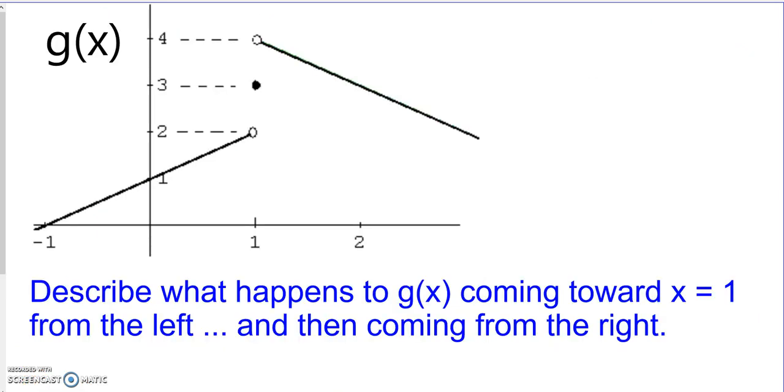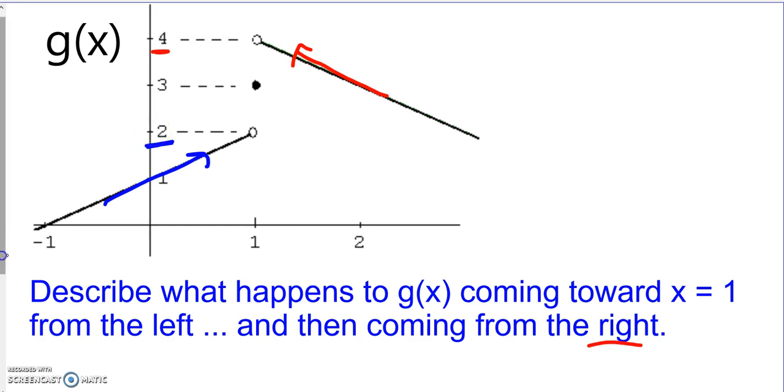Taking a look at our next graph here, describe what happens to g of x coming towards x equals 1 from the left, and then when it's coming from the right side, I'll do this one in red. Coming from the right side, it has a height of 4. But if you're coming from the left side, it has a height of 2.